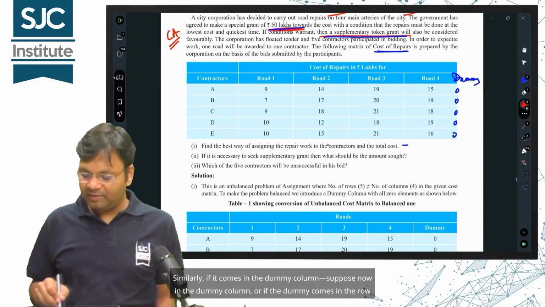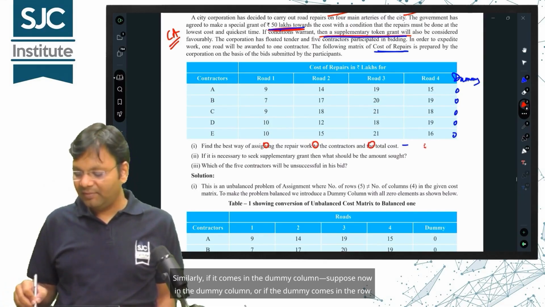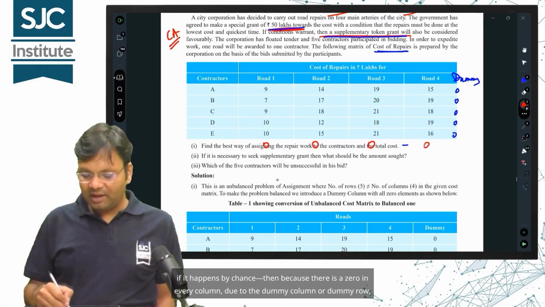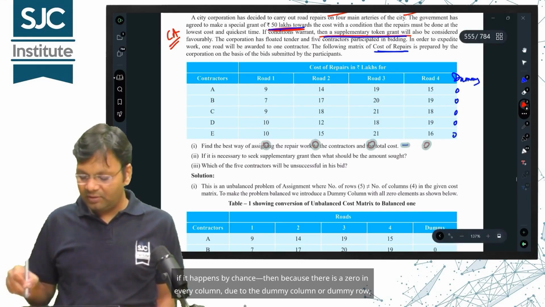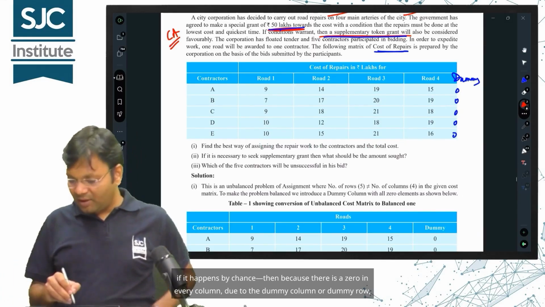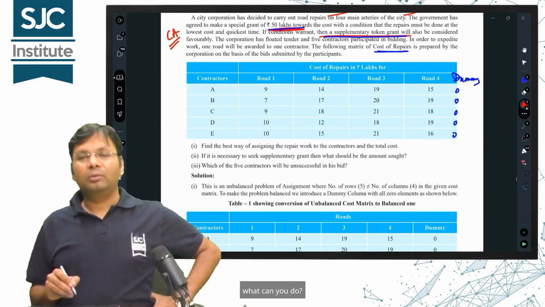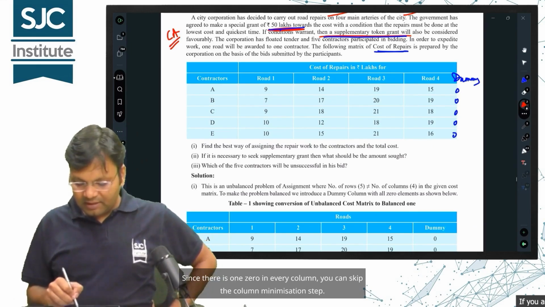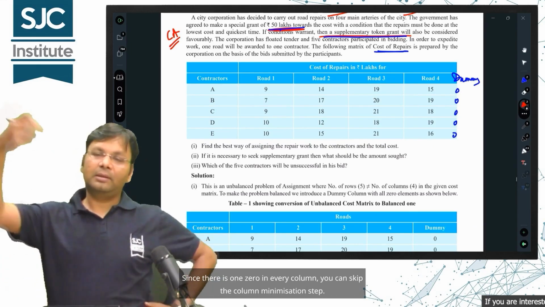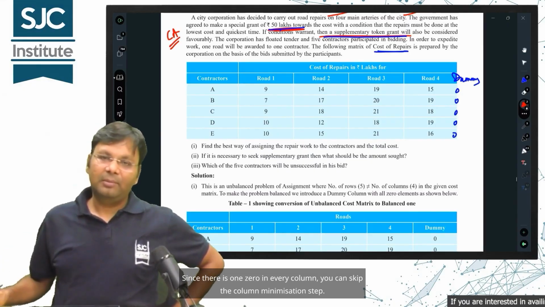Similarly, if the dummy comes in the row, then because there is a 0 in every column due to the dummy row, you can skip the column minimization step.